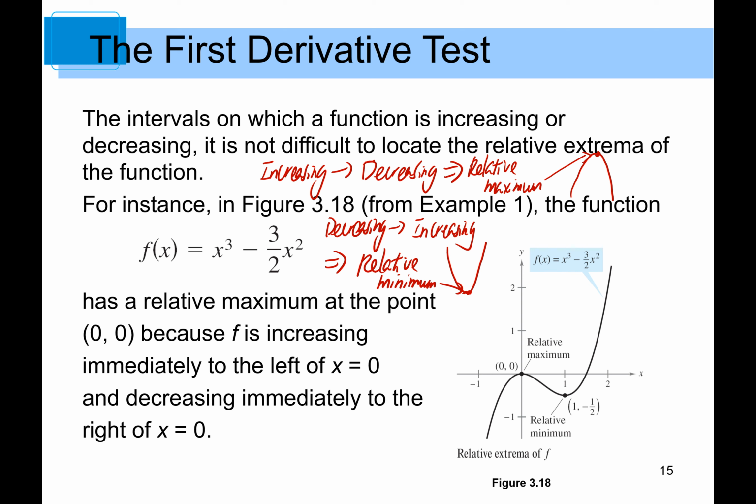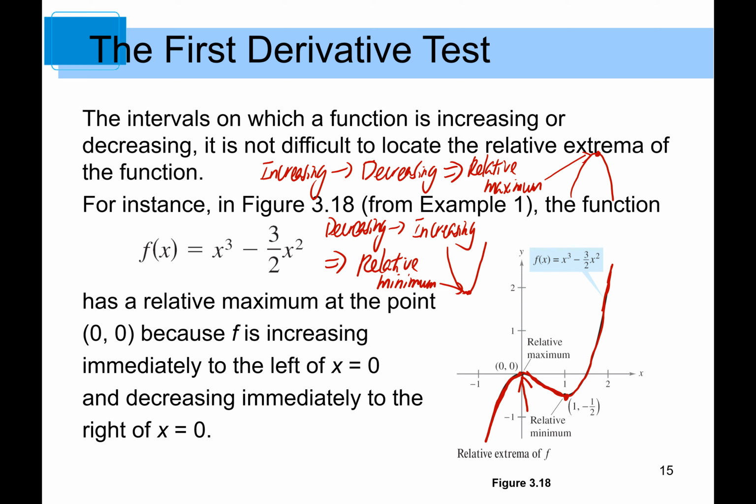For example, this particular example, f of x equals x cubed minus 3 over 2 x squared. From negative infinity to 0, as you can see, it's increasing, right? From 0 to 1 is decreasing. At this point, (0, 0) is a relative minimum. And here it is decreasing until increasing.